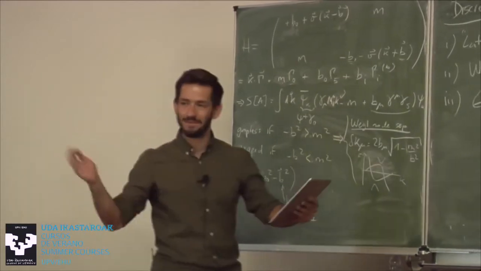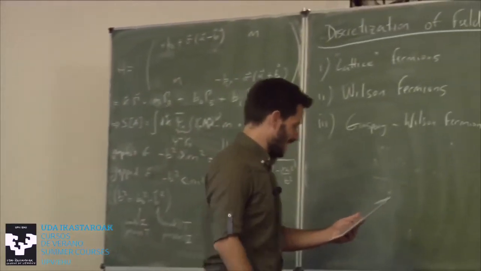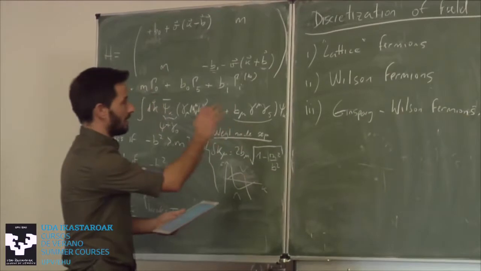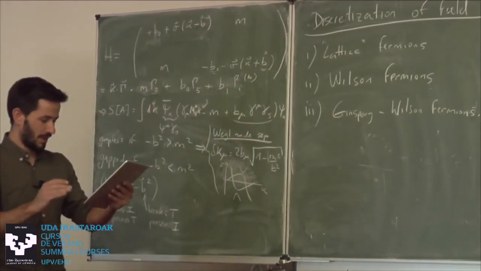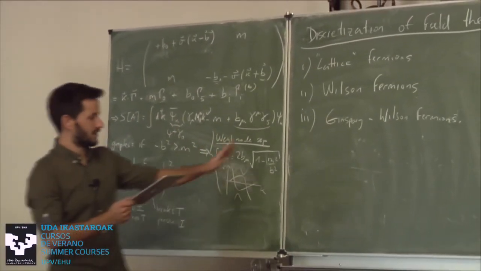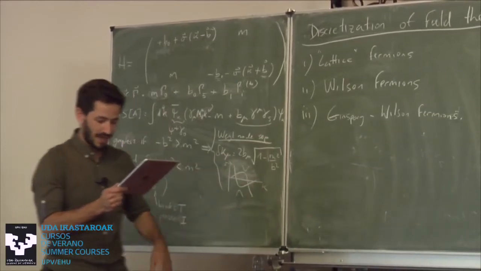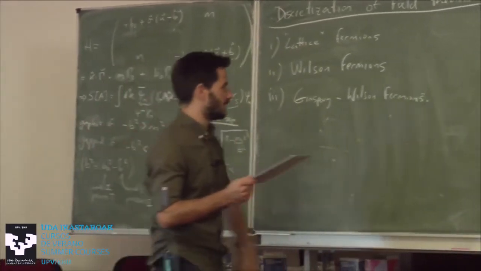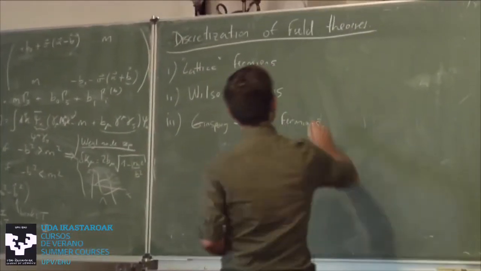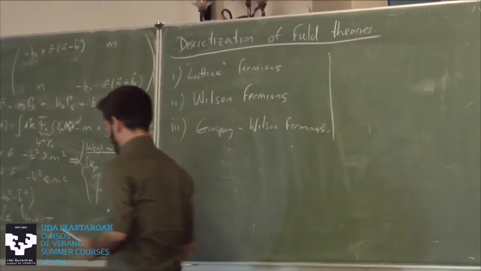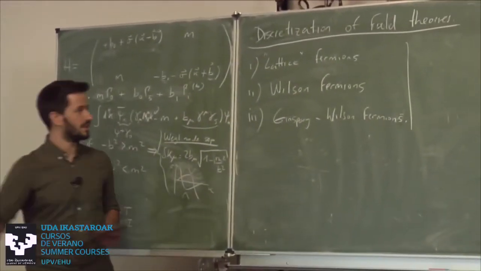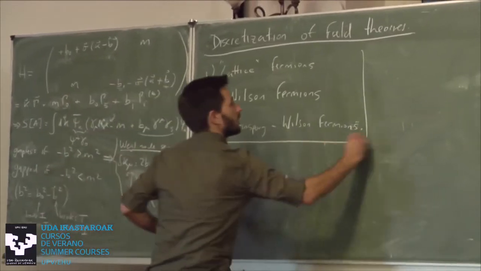Or if there is, maybe somebody knows, but I don't. Okay, so just to throw some names in case you encounter them, there are also staggered fermions, twisted mass fermions, many fermions. But I guess these ones are pedagogical in some ways.